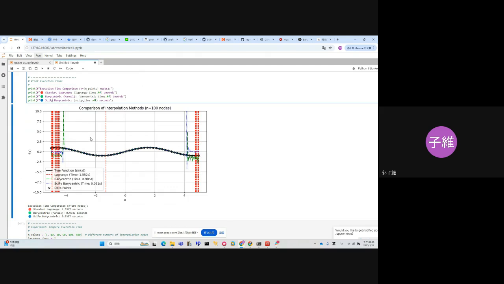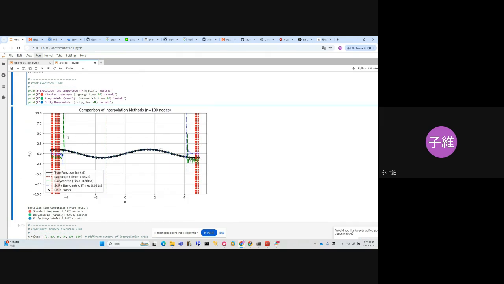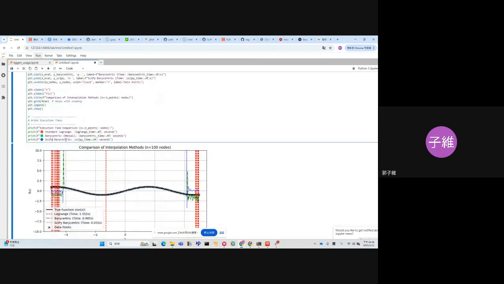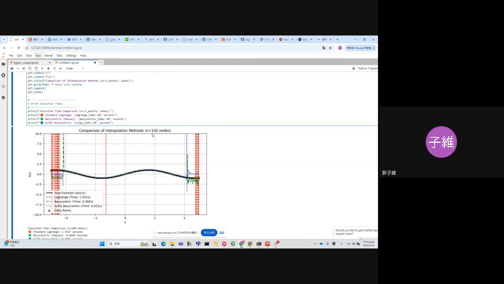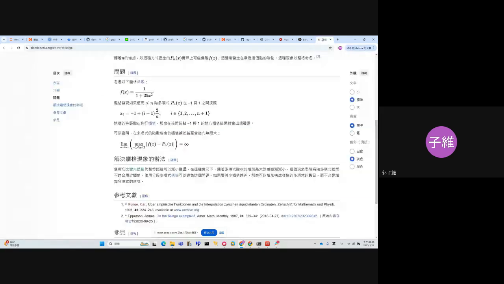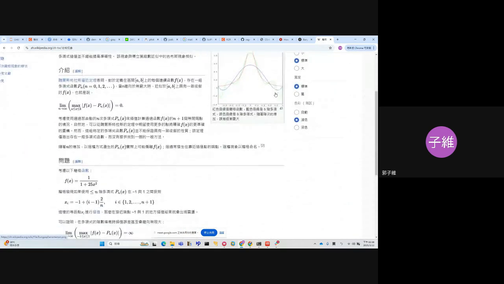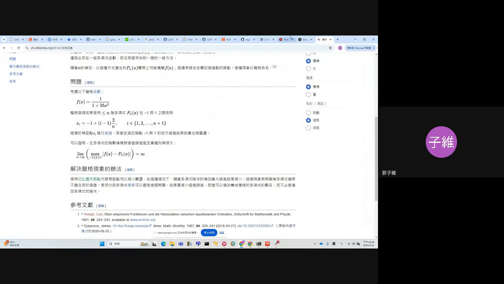And at both endpoints, Lagrange oscillates much more than the barycentric weight method. As to why the endpoints have such errors, it is a phenomenon called the Runge phenomenon. And here's the proof in Chinese.